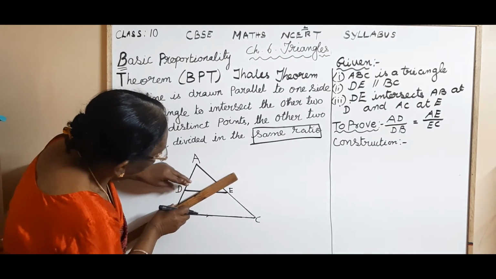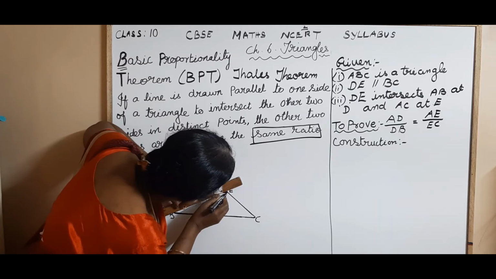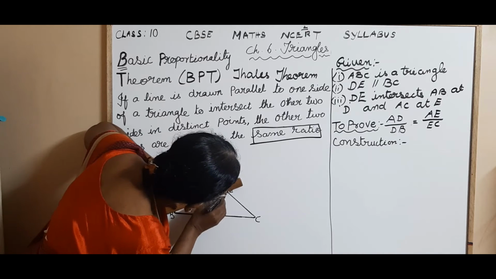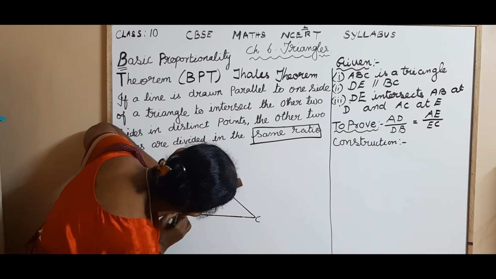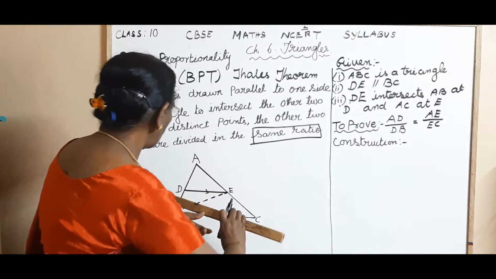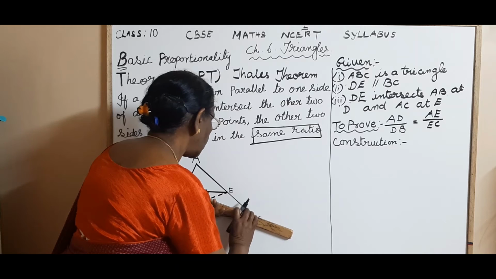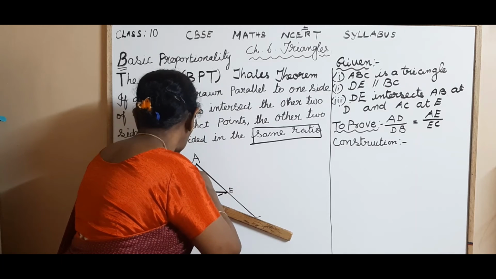So let us join B and E. Now next you have to join CD.